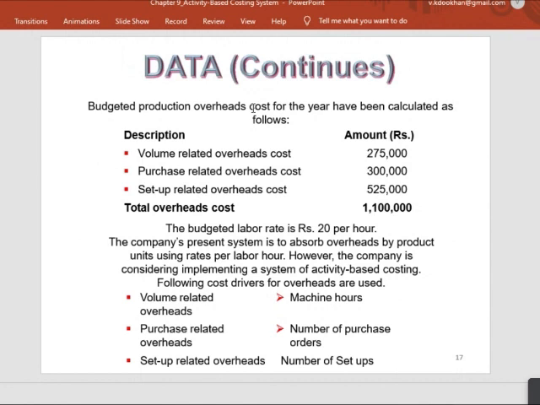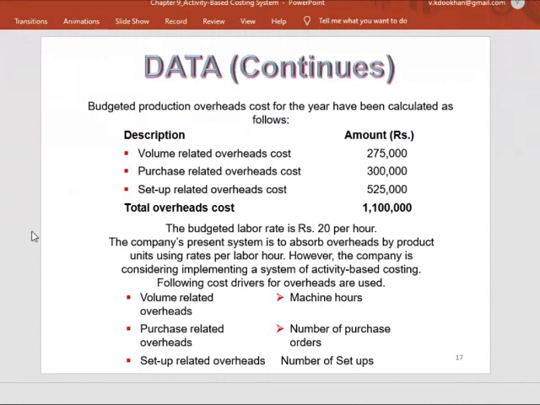We have volume related overhead cost of 275,000, purchase related overhead cost of 500,000, and setup related overhead cost of 525,000. So the total overhead cost comes to around 1,100,000. The budgeted labor rate is 20 rupees per hour.